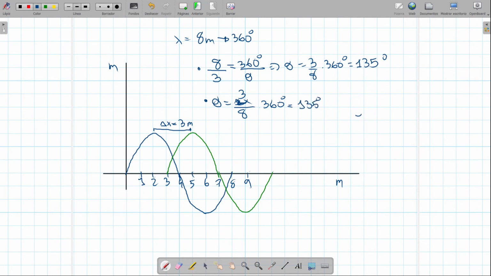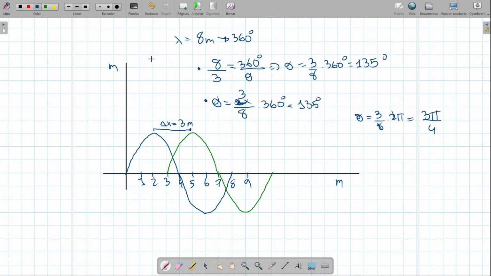If we did 3 divided by 8 multiplied by 2 pi, so that's 6 divided by 8, that's 3 pi fourths. Okay, so that would be the phase difference.